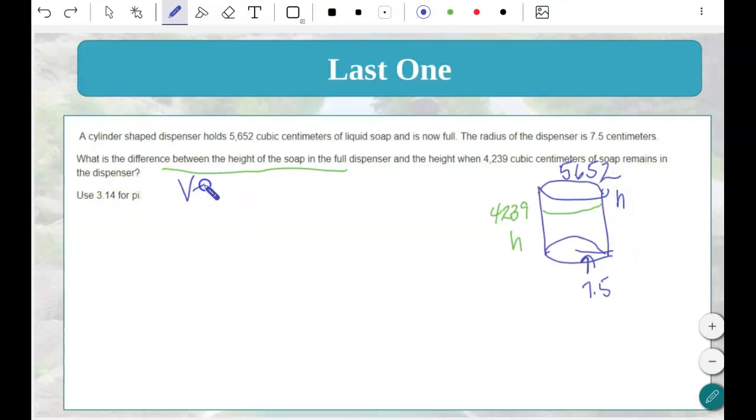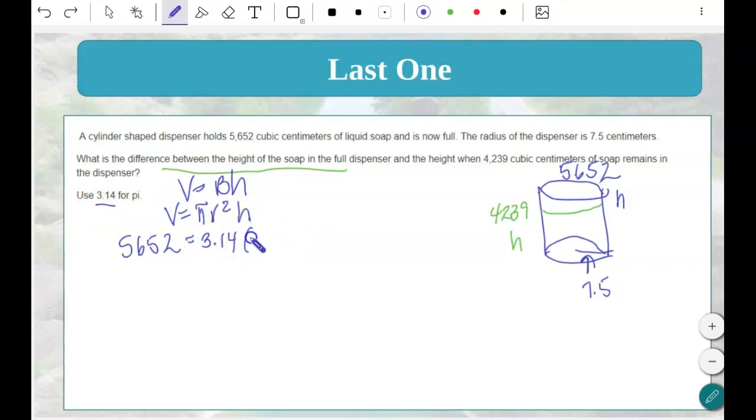We're going to start with our formula. This one's a tricky one. We're going to plug in what we know. We actually have to do both of these. We're going to start with it full. We know the volume. Let me go ahead and put pi r squared here. We know the volume is 5,652. It says to use 3.14 for pi.